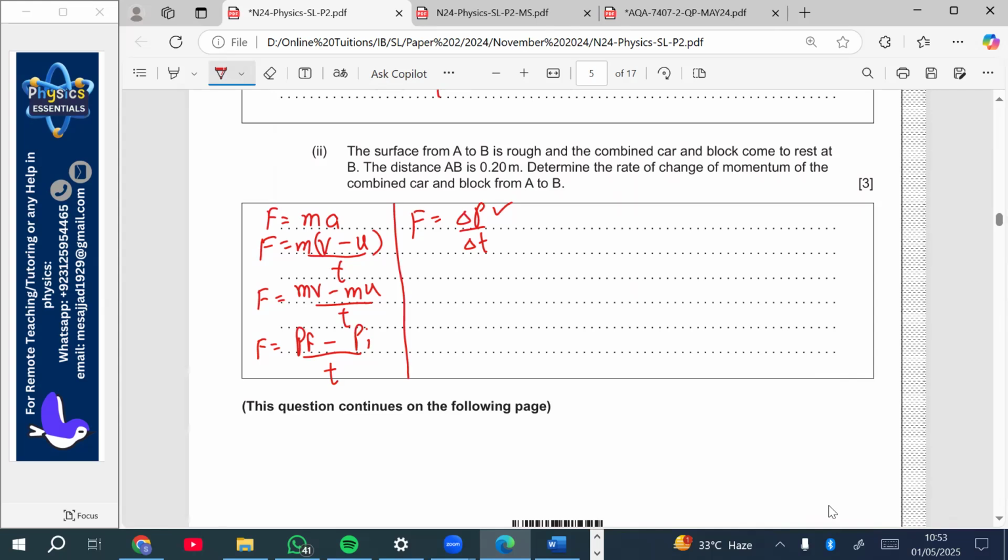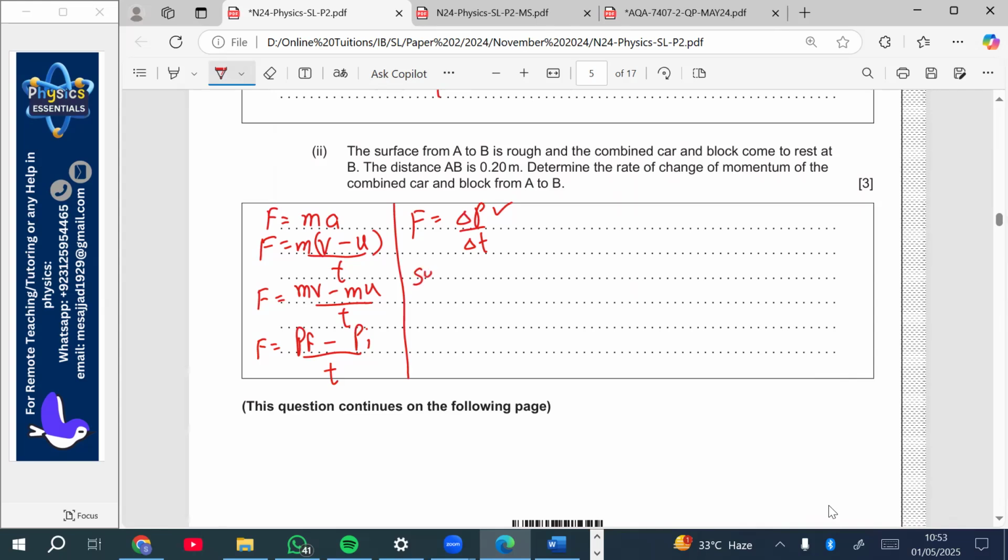So what do you need to find out in order to find the rate of change of momentum? Here, they're asking you to find the rate of change of momentum. So all you need to do is just find out the force. And how would you be able to find out the force? By just doing F equals ma, right?